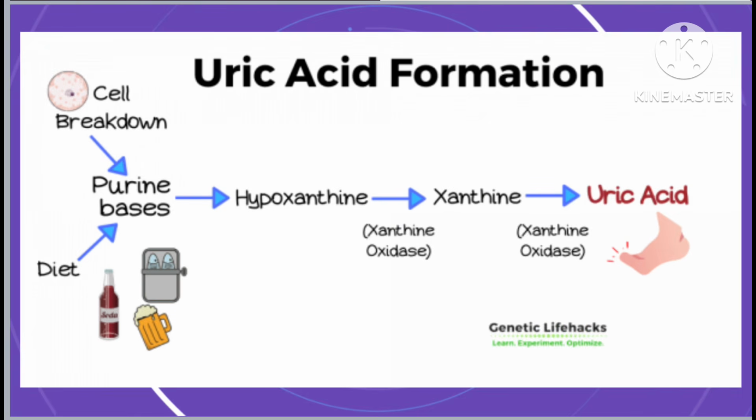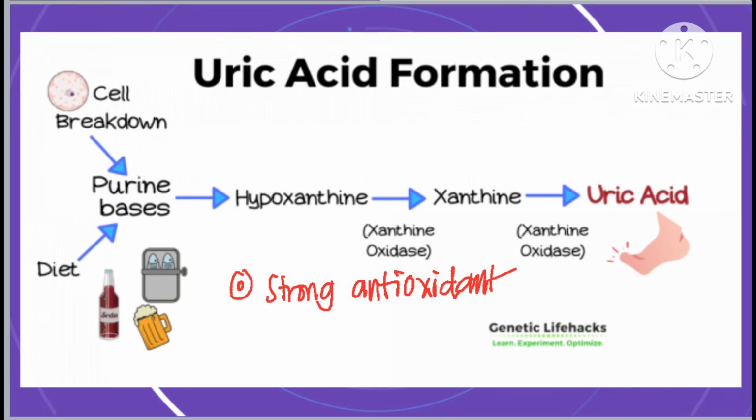Although uric acid is often associated with gout and kidney stones, it also serves important physiological functions. Number one, it acts as a strong antioxidant, neutralizing free radicals and protecting cells from oxidative stress. It can also scavenge reactive molecules such as hydroxyl radicals and peroxynitrite, helping maintain cellular redox balance.